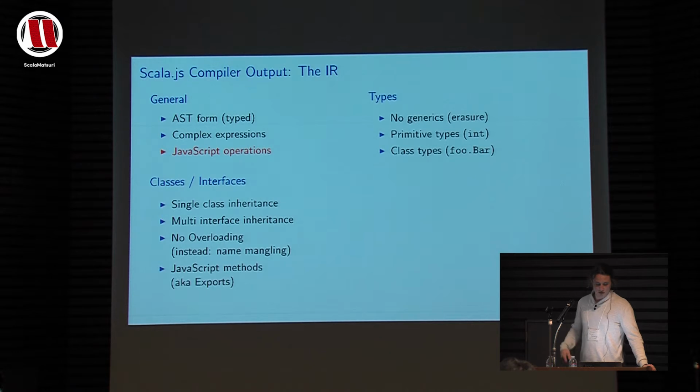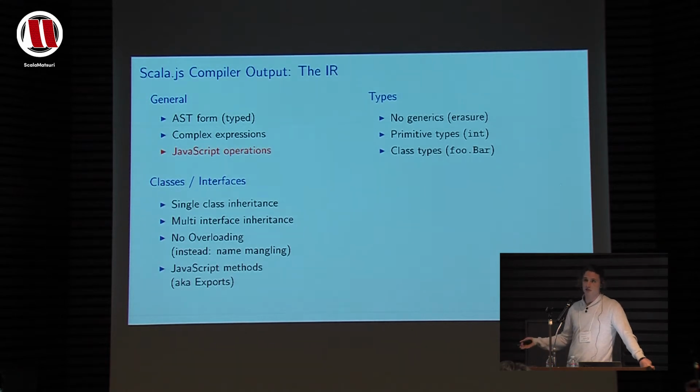Just like in bytecode, we have single class inheritance, multi-interface inheritance. Luckily, the Scala compiler has already taken care of all the trait mixins, so interfaces don't have any method implementations anymore. They're all abstract. However, unlike JVM bytecode, the IR doesn't support overloading. Instead, you have name mangling. So we'll have to also do something about that there.